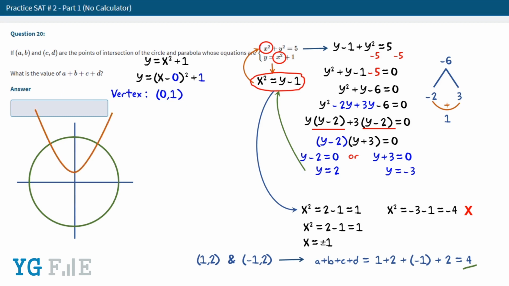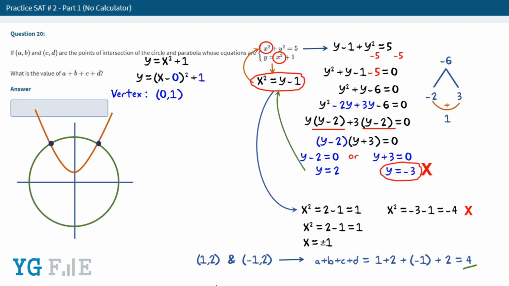The graph will be like this, and from this graph we can clearly see that there are only 2 points of intersection, and these 2 points have a positive value of y, which means that this negative value of y is not a solution of this system.